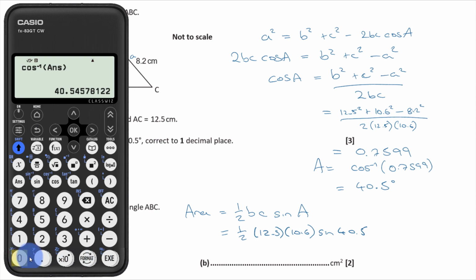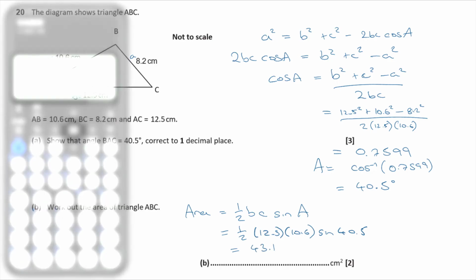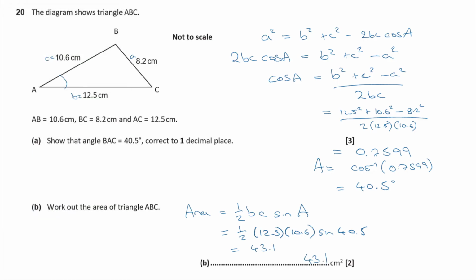So it's going to be 0.5 times 12.5 times 10.6 times the sine of my previous answer. That comes out to be 43.1. So that's 43.1. That's going to be my answer then, 43.1 centimeters squared. I believe we are done.